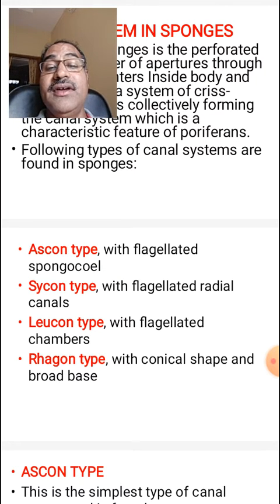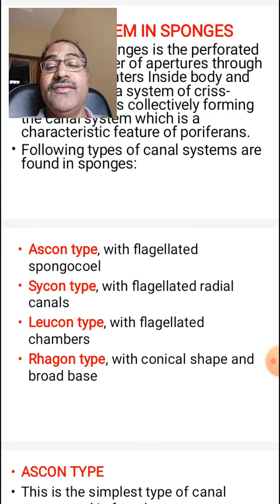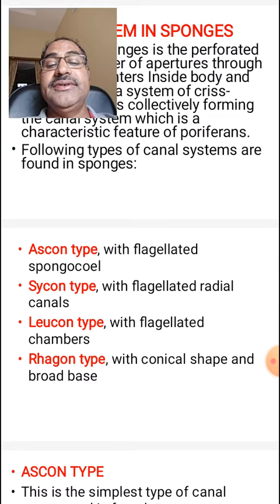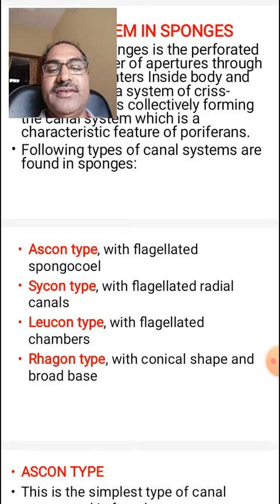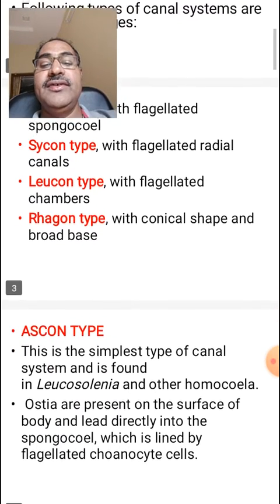And third one is the Leucon type, which is also with flagellated chambers. Fourth one is the Rhagon type. It is conical in shape with a broad base, and it is found in the larvae of poriferans. So these are the four types of canal system.